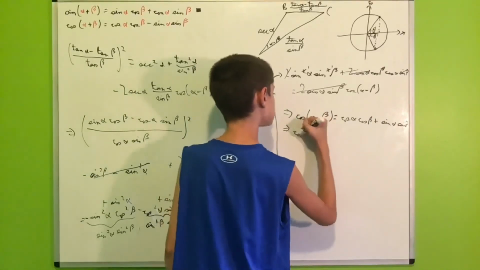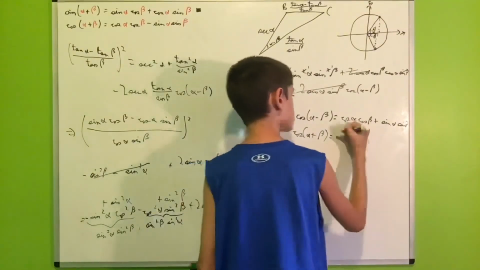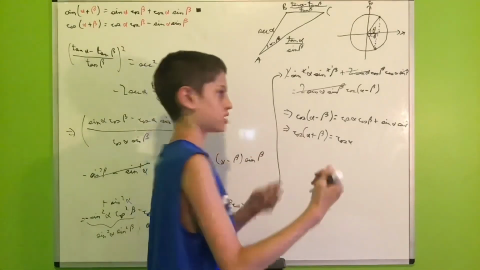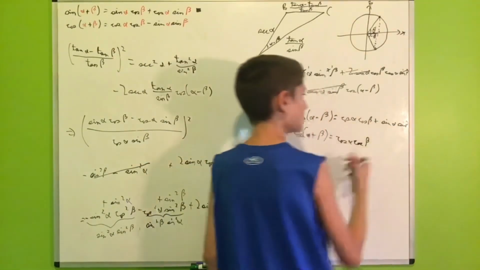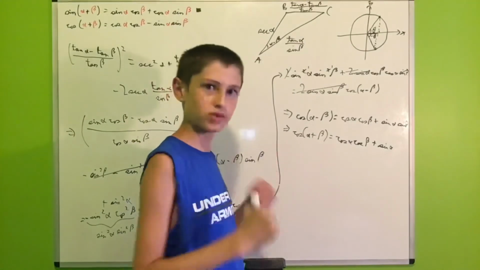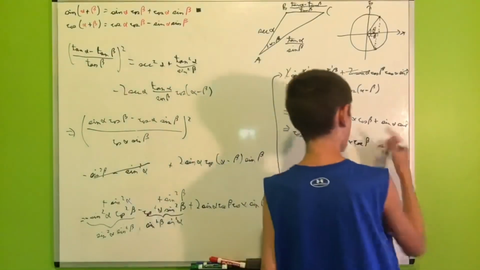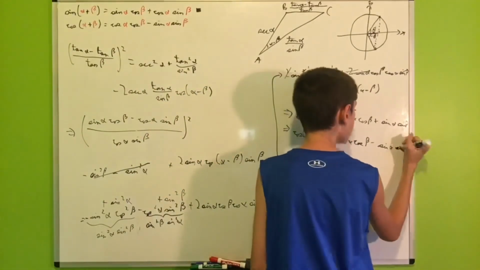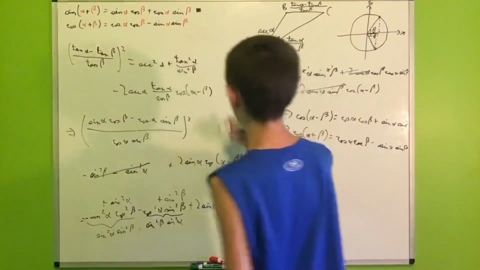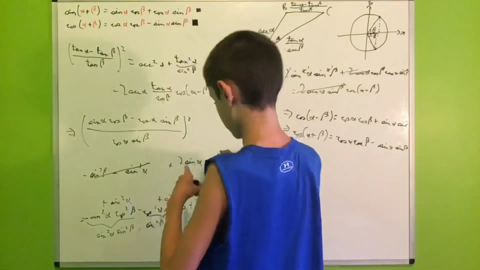So cosine of alpha minus beta, which is plus beta, is equal to cosine alpha times, okay, and now from this diagram, as we saw earlier, cosine of negative beta is simply cosine beta, so cosine beta, and then plus sine alpha times, and from this diagram again, as we found out earlier, sine of negative beta is equal to negative sine beta, so the plus will turn into a minus, and we'll be left with a sine beta over here. And this is exactly the identity that we want, and hence we have proved this identity and both identities.